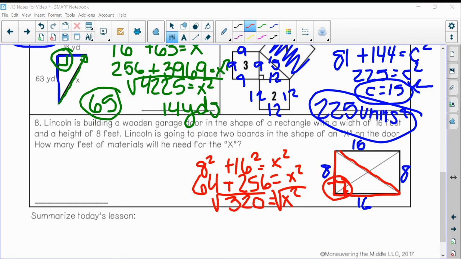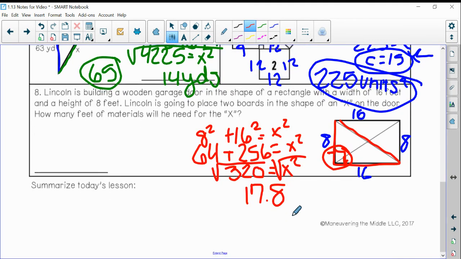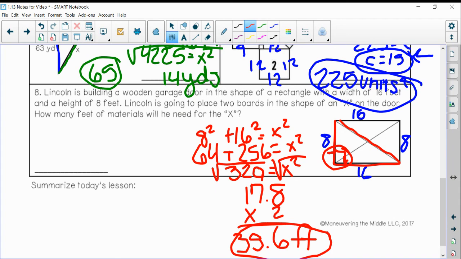So the square root of 320 is going to give me 17.8. But we need 2 of those. So 17.8 times 2, and so we're going to get about 35.6 feet for those 2 diagonals.